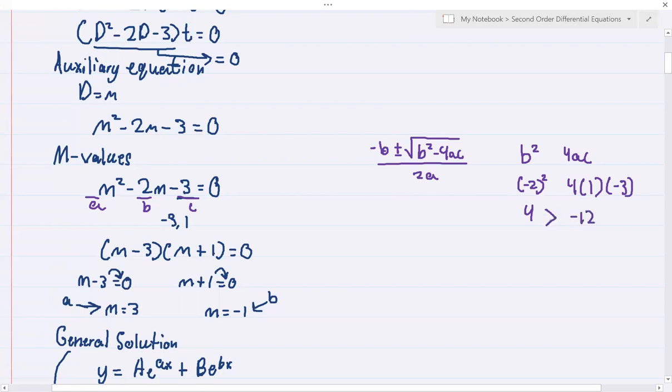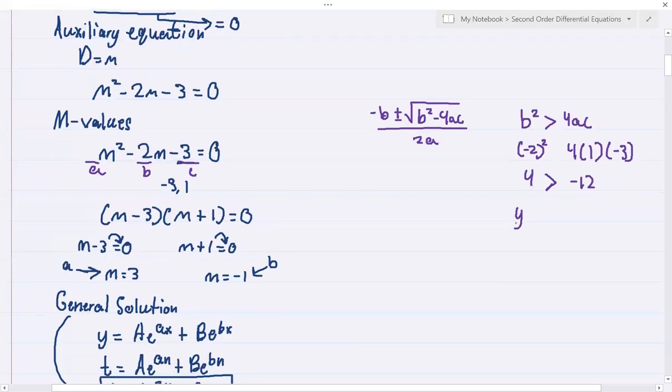And as you can see, the value of b squared is greater than the value of your 4ac. So if the value of your b squared is greater than your 4ac, therefore you're going to use this one as your general solution, which is y is equal to ae raised to small ax plus be raised to small bx, if and only if the value of your b squared is greater than your 4ac.